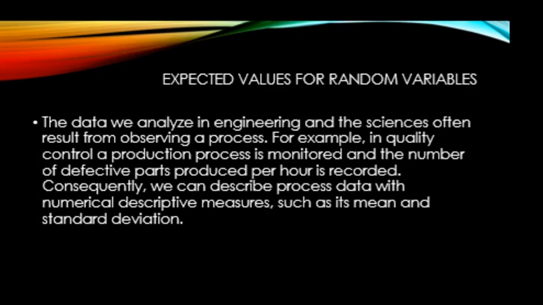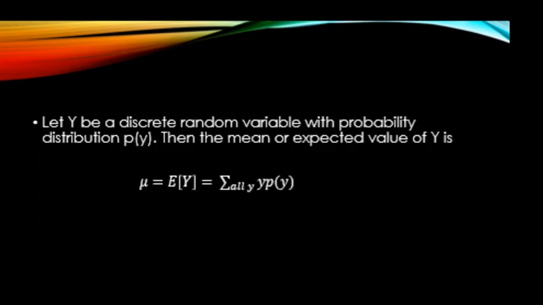This type of data could be described using numerical descriptive measures such as mean and standard deviation. Now, for our random variable with its probability distribution, we will try to find the mean and standard deviation with the use of the probability distribution.